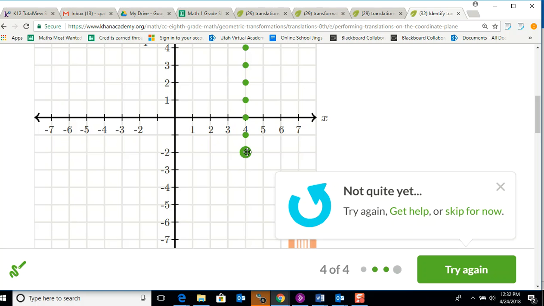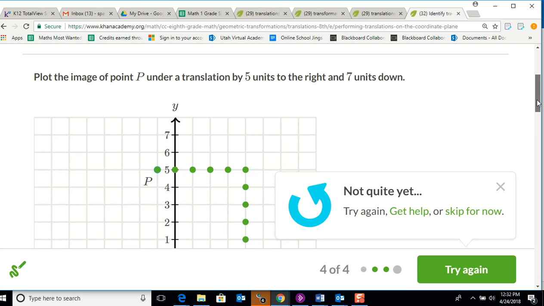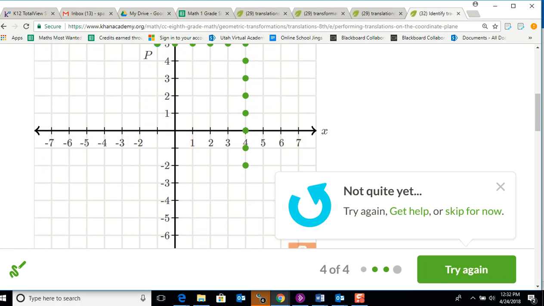Oh, that's not letting us do this correctly. So it'd be this point right here. Okay, the point 4, negative 2. That would be a translation of 5 to the right and 7 down.